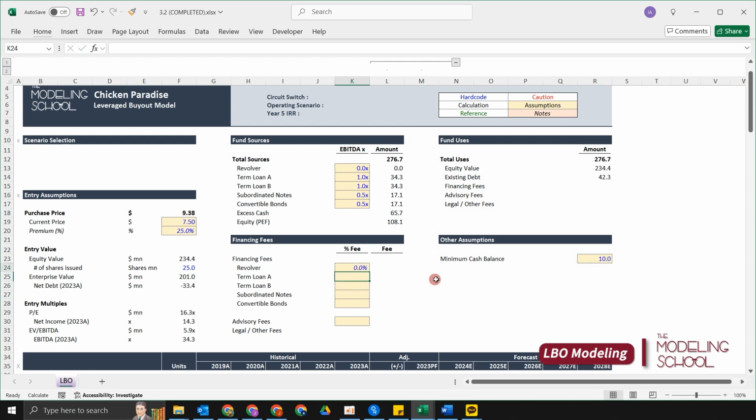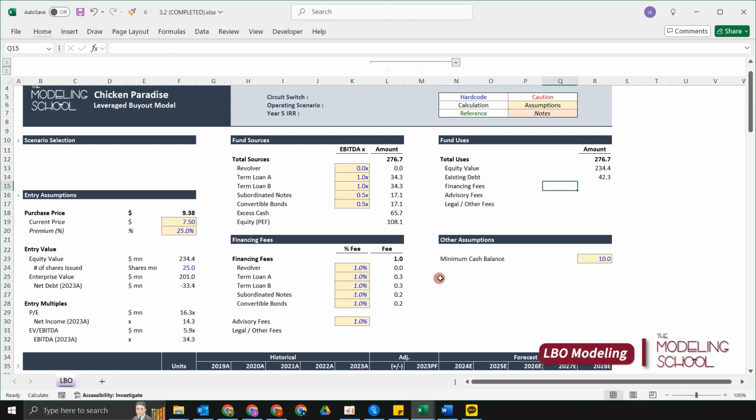And we're going to assume a 1% fee for all of these sources. So it's going to be the amount of debt raised times the fee. We don't have to anchor any of these. We just simply have to copy it down. And the financing fees would be the summation of these fees. So about a $1 million financing fee.